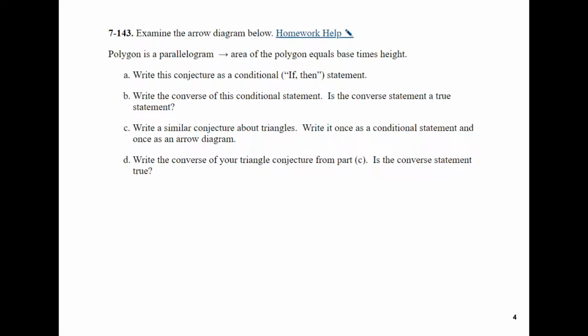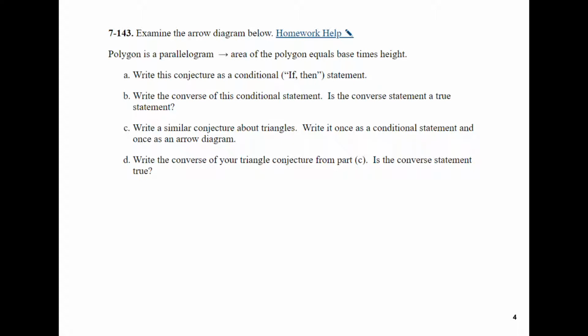7-143, examine the arrow diagram below. The diagram says polygon is a parallelogram, which yields the area of a polygon equals the base times the height. The first thing in letter A it asks us to do is write this conjecture as a conditional or an if-then statement.